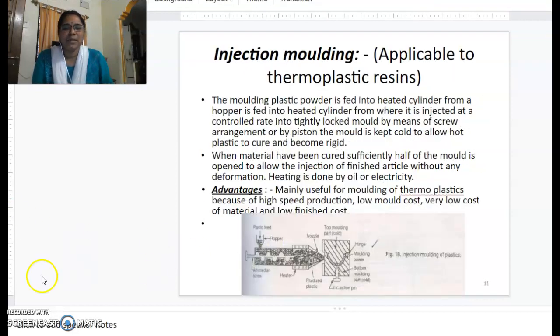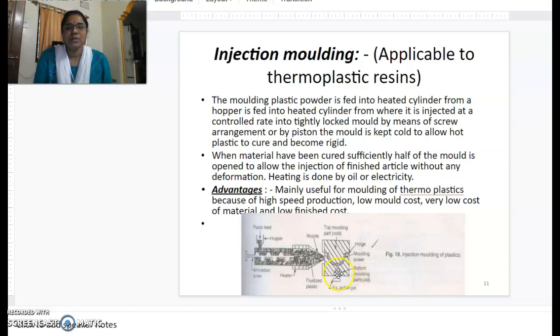But in this case, you can prepare only thermoplastic resin. Finally, you get the thermoplastic molded article. With the help of this extraction pin, you can take the article outside, correct?